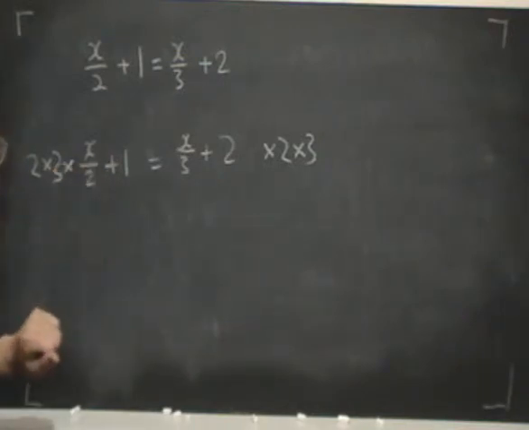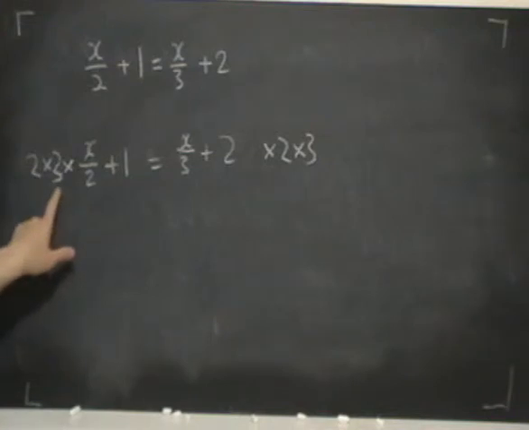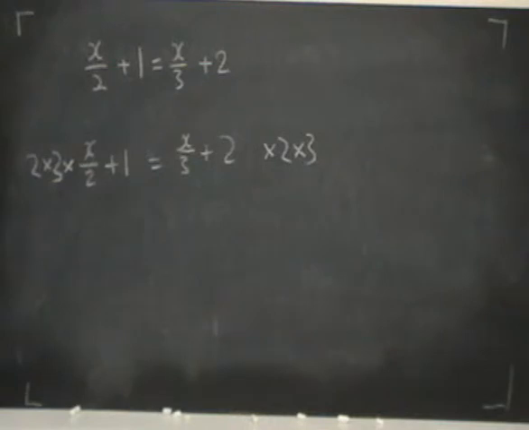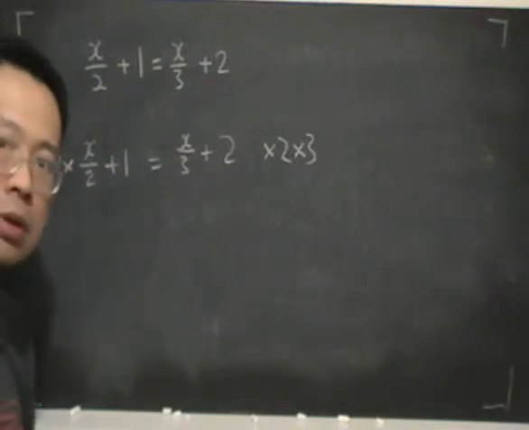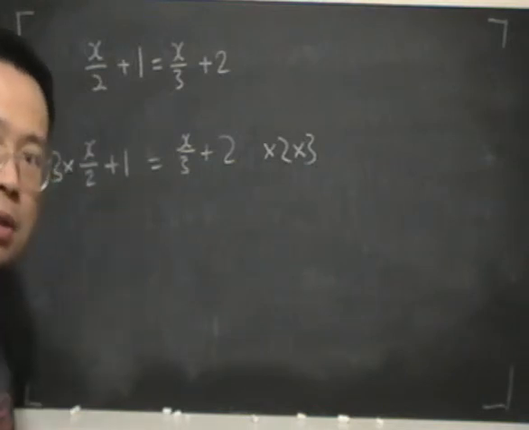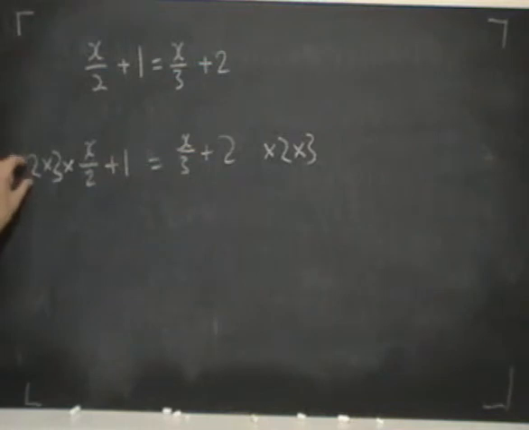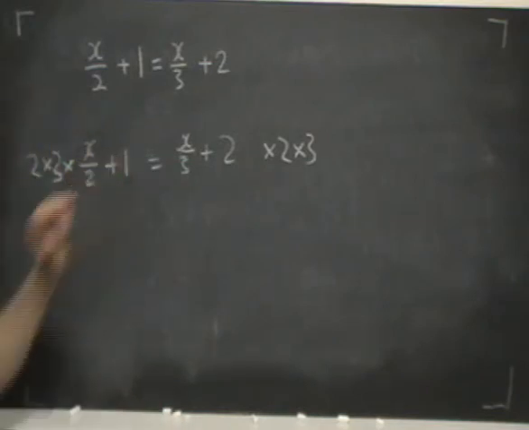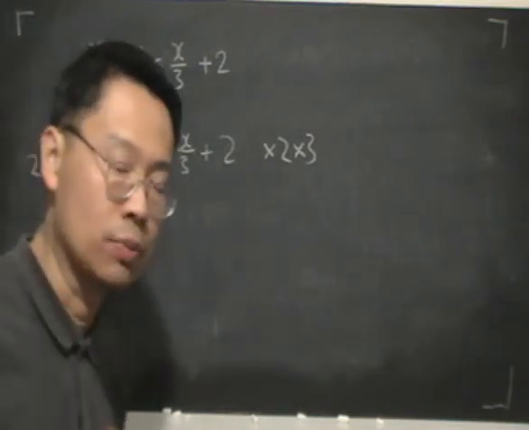Let's look at the left side. The way I have written the expression, it looks like I'm doing 2 times 3 times x over 2, and then plus 1, meaning that I'm multiplying 2 by 3 by x over 2 first, and after that I add the 1. Now, that is wrong.